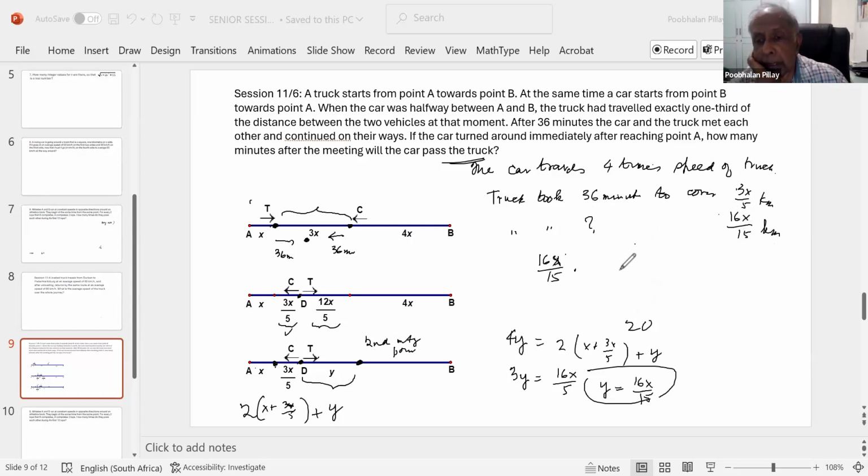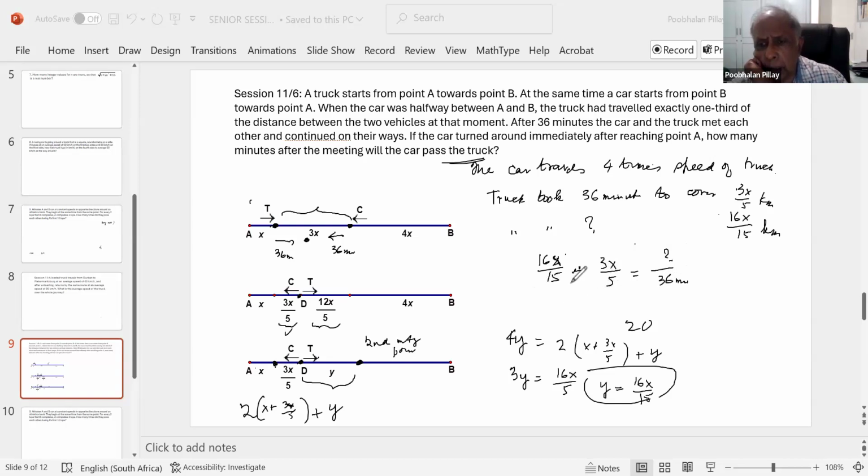This divided by that will be the question mark divided by 36 minutes. See? And then when you do this, you will get something.